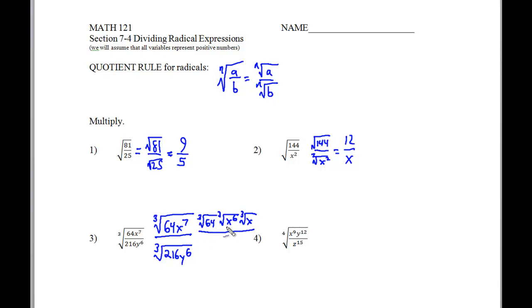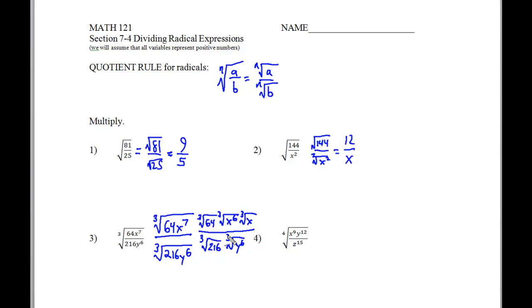Now, you can see that I'm taking the slow way again, and I'll speed up when we get to problem 4 here, but you can see that I have 6 and 1 that makes 7. And I'm looking for multiples of 3 here, so I have even radicals. Now down here, this is the cubic root of 216 multiplied by the cubic root of y to the 6th, which is a perfect divisor into 3.